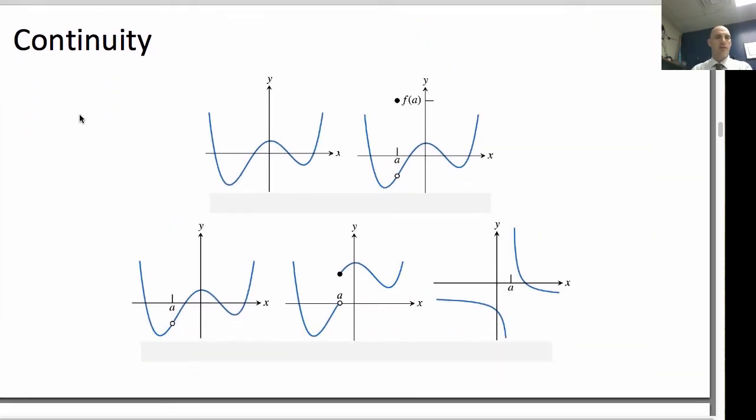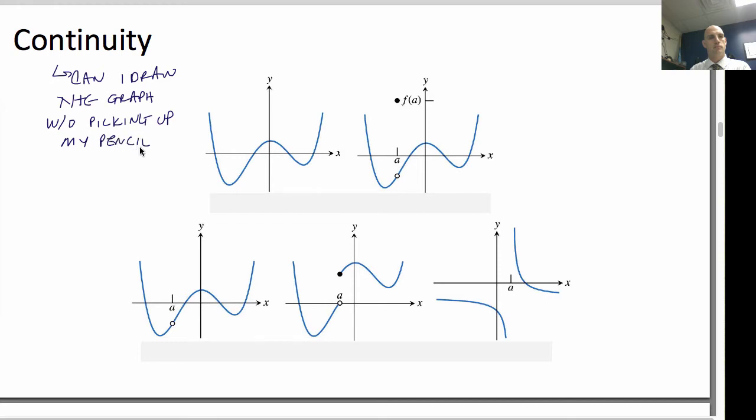Here's the easiest way to think about continuity. Can I draw the graph without picking up my pencil? Okay, can I draw the graph without picking up my pencil? So check this out. Look at this blue curve here.